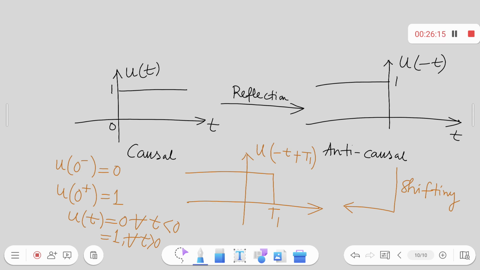So what you have done is first reflect the signal, then shift. Else, what you can do is first shift the signal, delay, and then take the reflection.